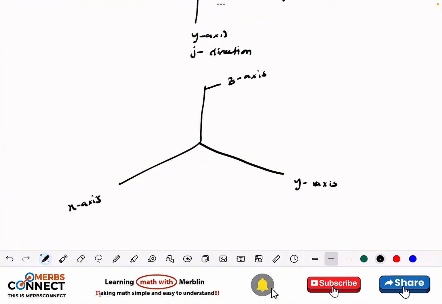Same idea as the two dimension, but this one is i, this one is j, and we've added another one, which is going to be called k. So this is the three dimension.